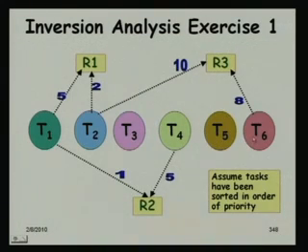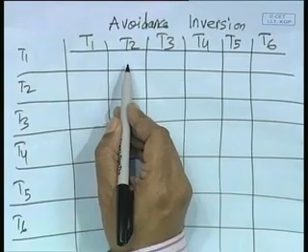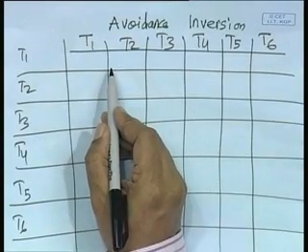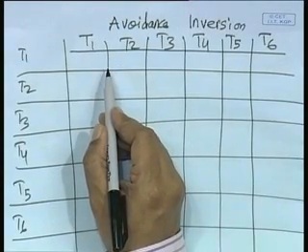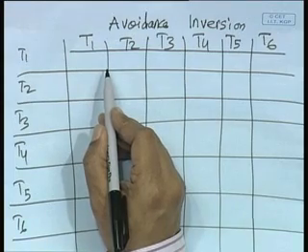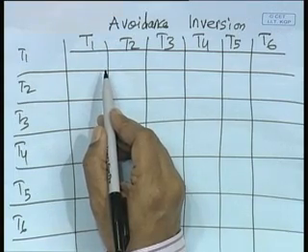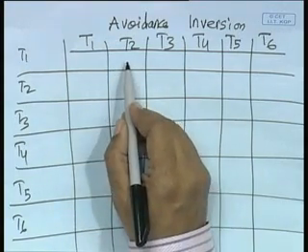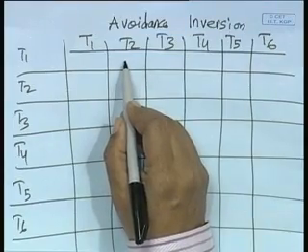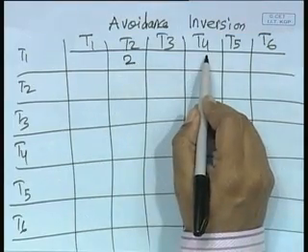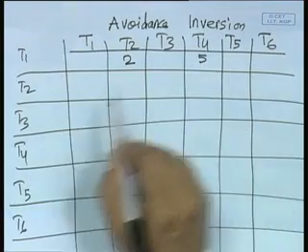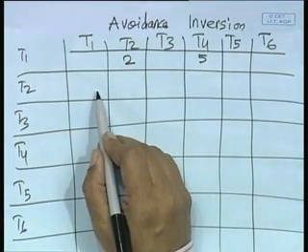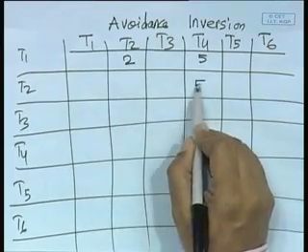So, we can write those values here in the table. T1 undergoes due to T2 and T4, so for 2 and 5, and T2 undergoes on account of T4 for 5.